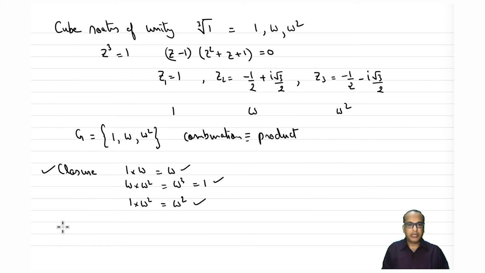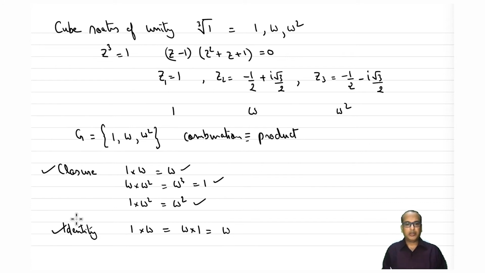Then the second property is identity. For identity, we know that 1 is an element which, when multiplied with omega, leaves omega unchanged and also commutes with omega, right?